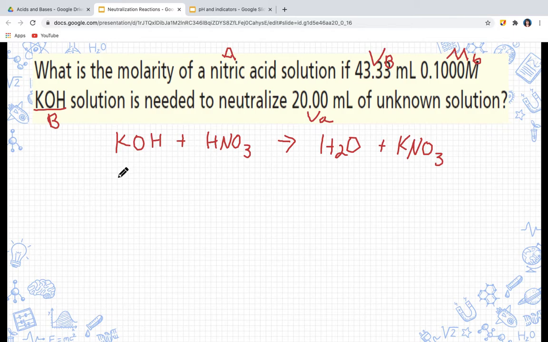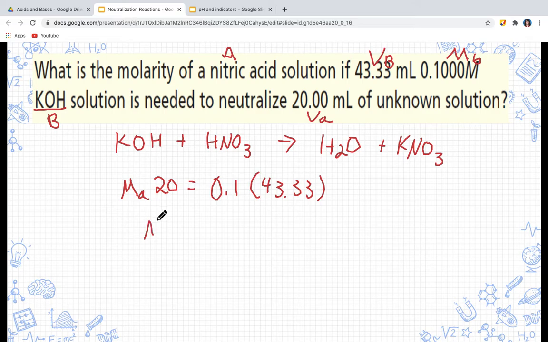So we're going to have the coefficient in front of the base times the molarity of the acid, which we don't know, Ma, times the volume of the acid, which is 20. That should be equal to the coefficient in front of the acid, which is 1, times the molarity of the base, which is 0.1, times the volume of the base, which is 43.33.